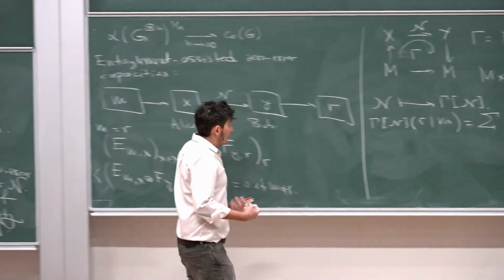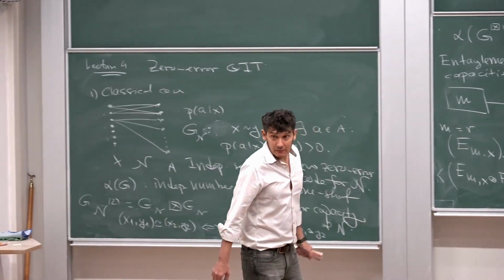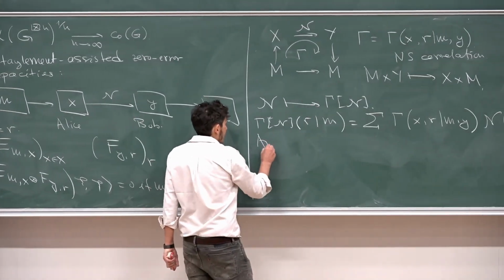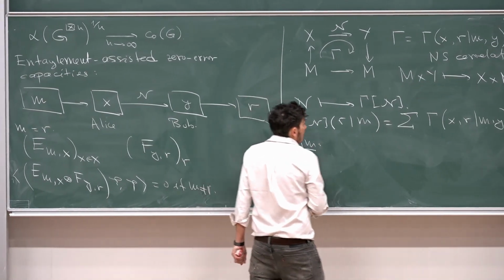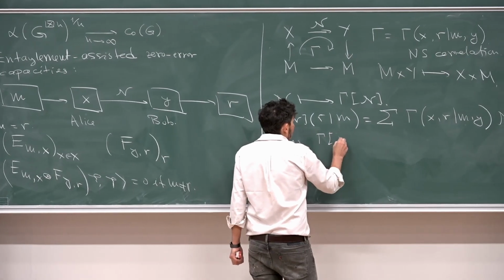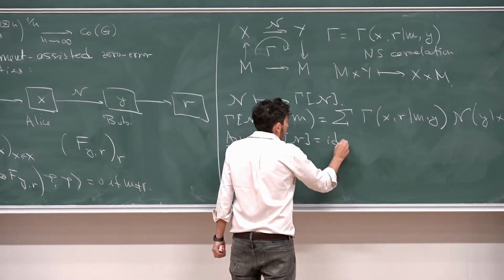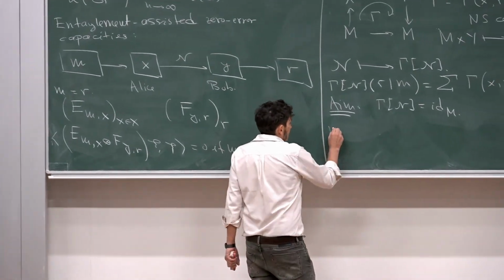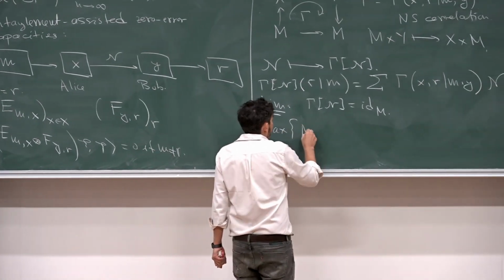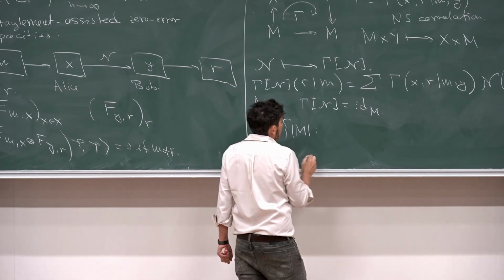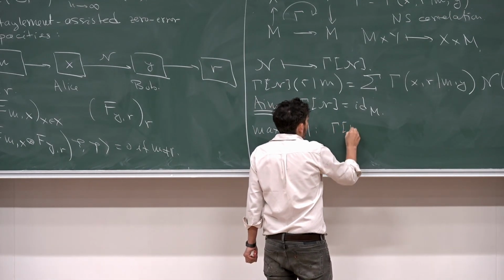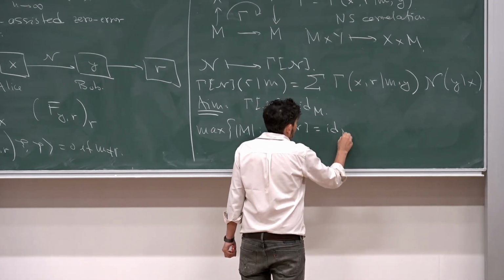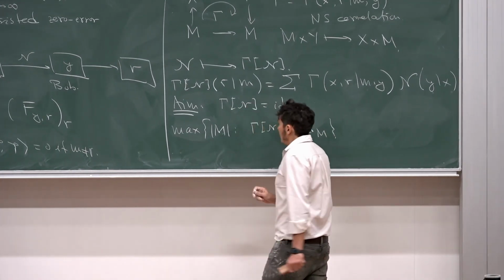And then you want to ask the same question. So what is the maximal rate that you can do? So the aim here is to obtain the identity channel. You want this to be the perfect channel, the identity channel on M. So you're asking what is the maximum of the cardinality of M such that gamma of my channel N, which is fixed, is equal to the identity on M for some gamma.